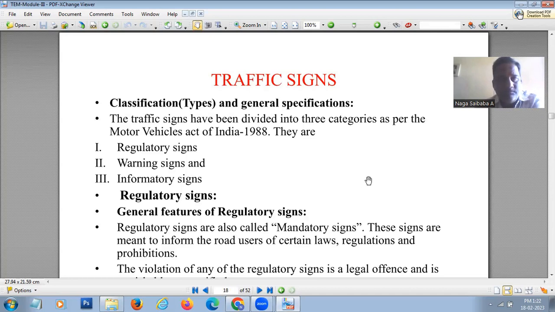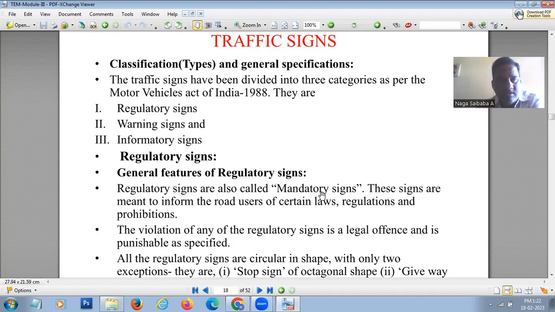Regulatory signs are also known as mandatory signs. These are used to inform the road users of certain rules and regulations, laws and prohibitions which are to be followed on the road.